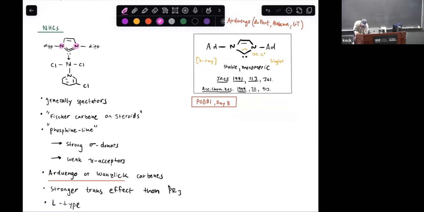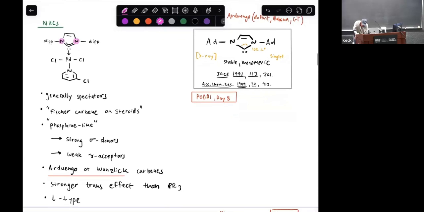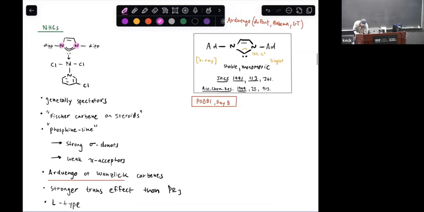And the key is this 1,1 heteroatom disubstitution, as well as the 5-membered ring structure that leads to the enhanced stability of these types of carbenes. So problem of the day 1 from the day 8 worksheet asks you how you would go about synthesizing such a thing. So I know a lot of folks come from a synthetic background.